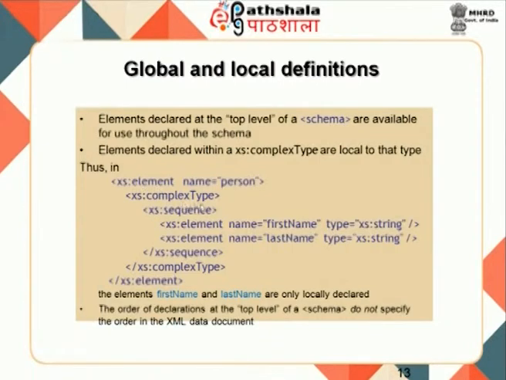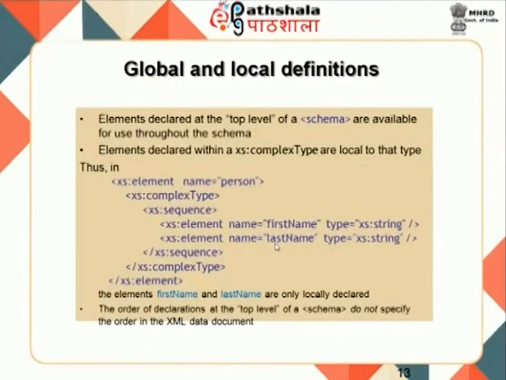It is defined as a complex type, and this complex type has two other sub elements called first name and last name, and we define the first name as a string type and the last name as a string type. So, this first name and last name are local to the type called person. So, they are locally declared.